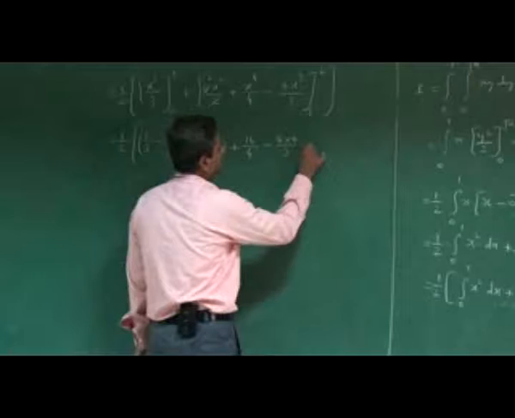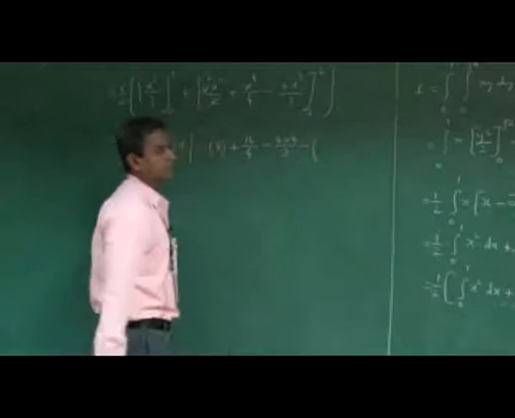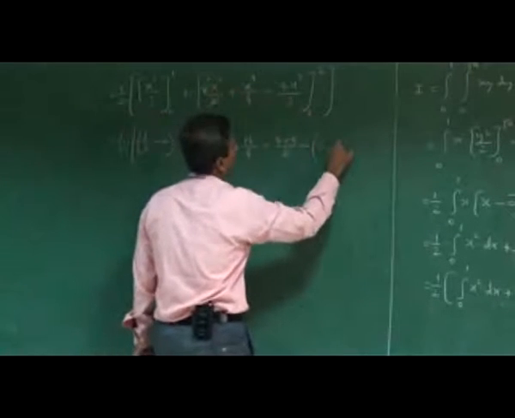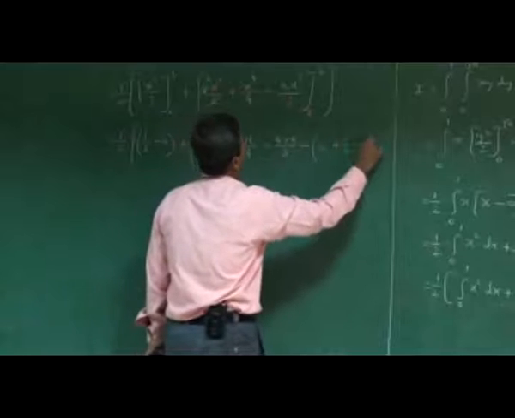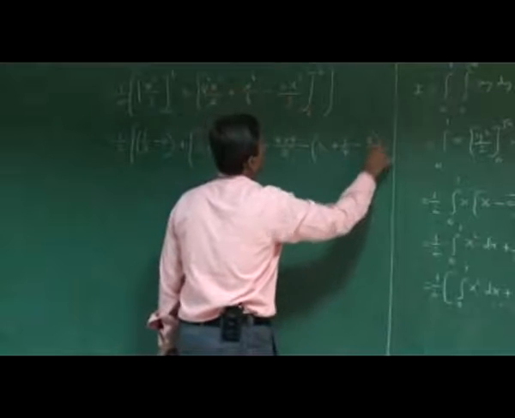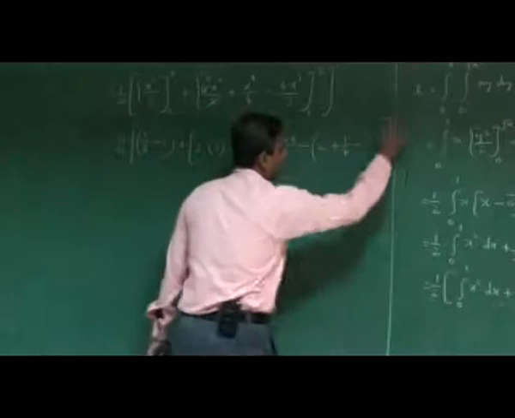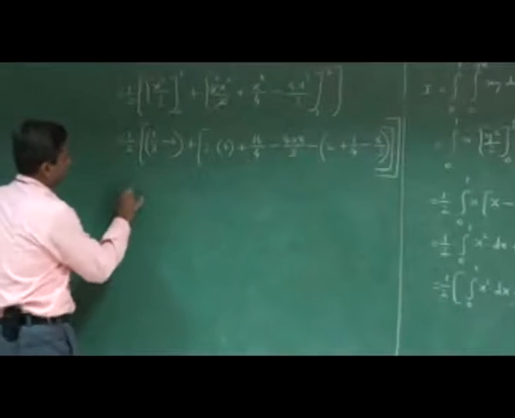Then the lower limit is minus of, and we start the bracket and substitute x is 1, here 2 plus 1/4 minus 4/3, and you close the bracket for the first one, and once again you close the bracket for the common 1/2.